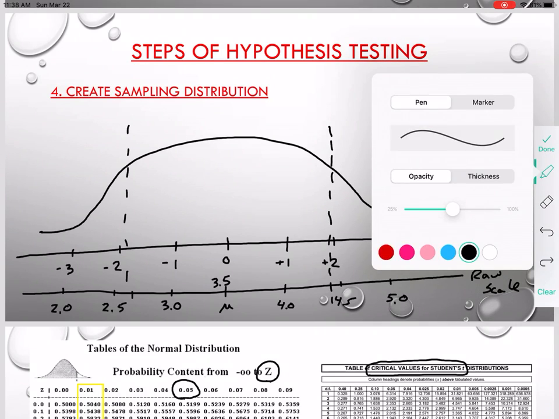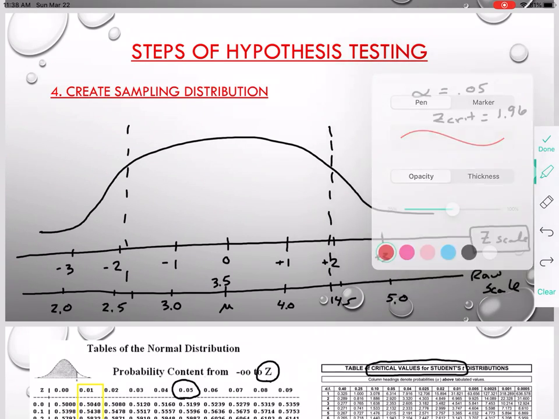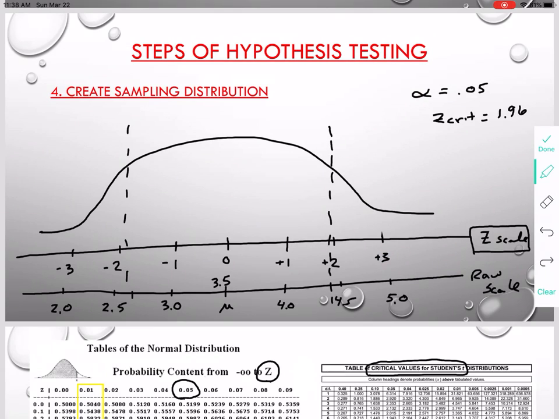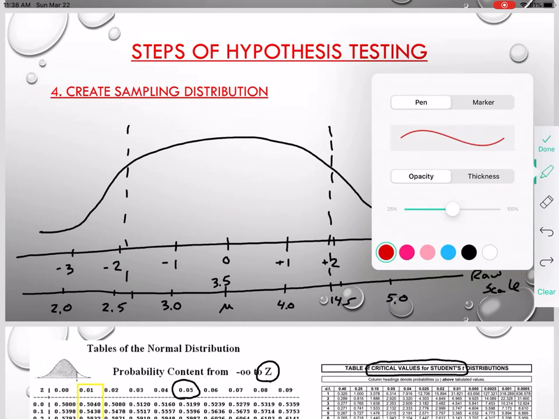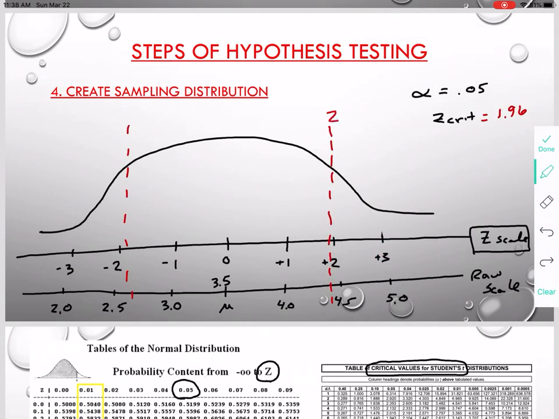Okay, so you find your crit value from a table, and then you draw in your crit score. And that's going to be my Z crit. Look, I changed to red, because crit means critical.